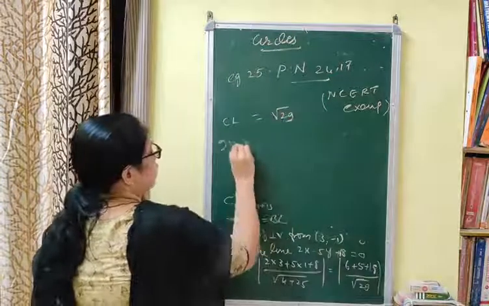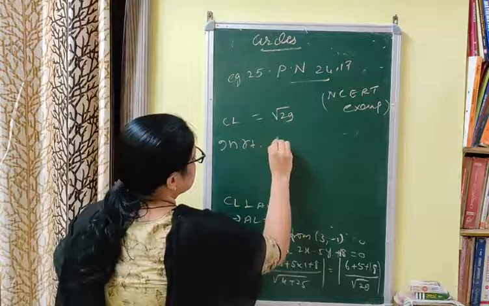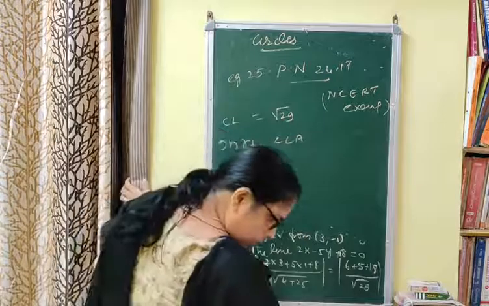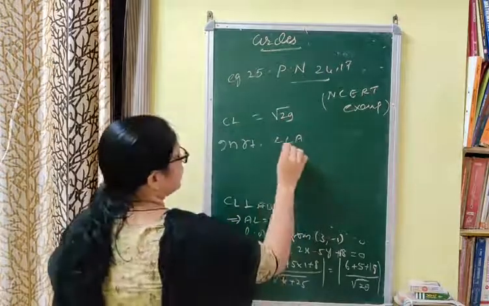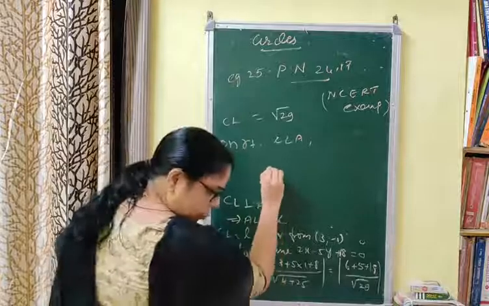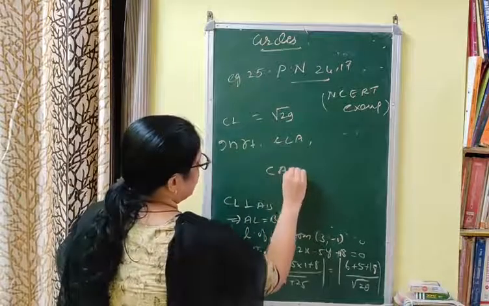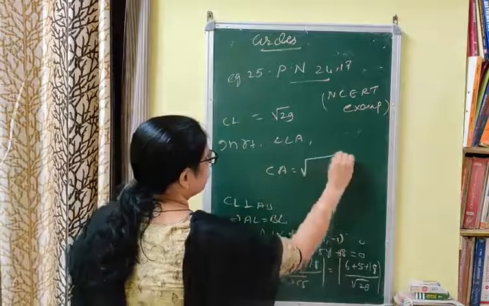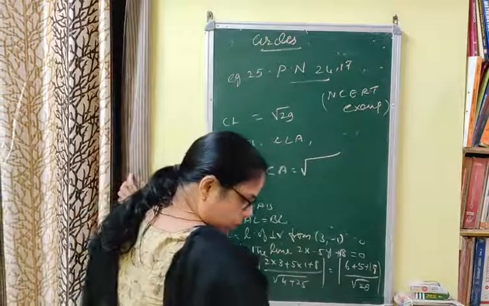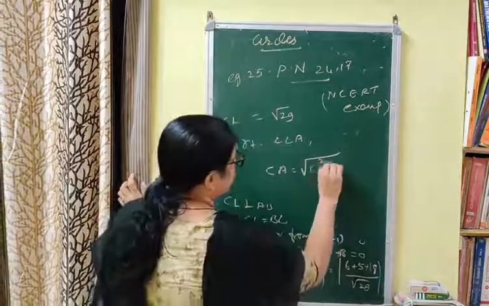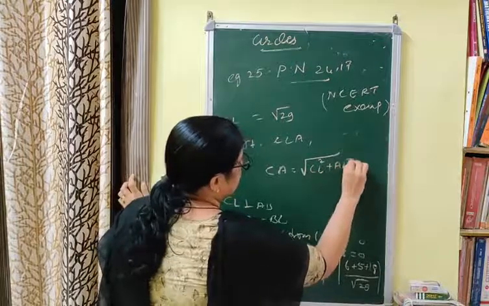Now in right triangle, कौन सा triangle था? Right triangle CLA, मैंने नेम दिया था. By Pythagoras theorem, you will get CA, the radius of the circle, equal to under root of CL square plus AL square. Figure ध्यान रखना.